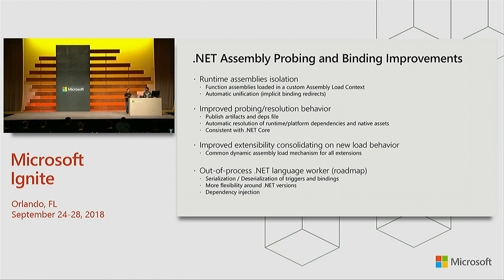An option we still may want to consider exposing to developers with edge cases and more advanced scenarios is to leverage the same language extensibility model that we're using for JavaScript and Java, and have a .NET worker that will allow you to own the process. So you would own main. At that point, you can do whatever you want. It's your process.